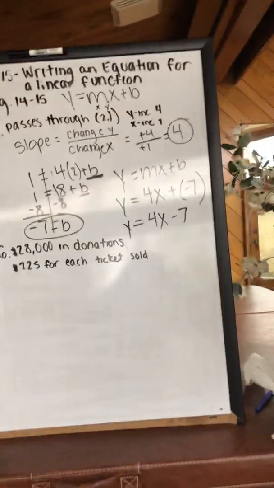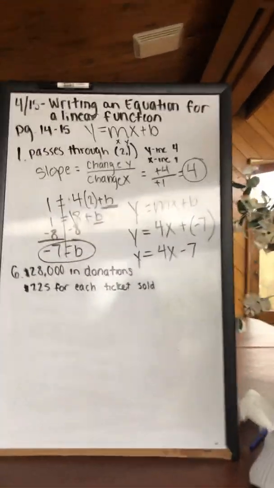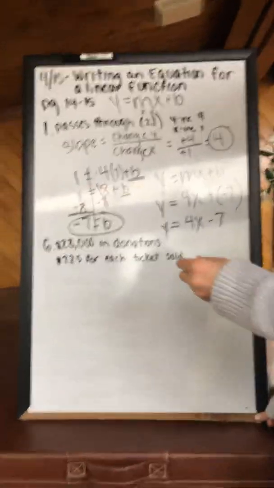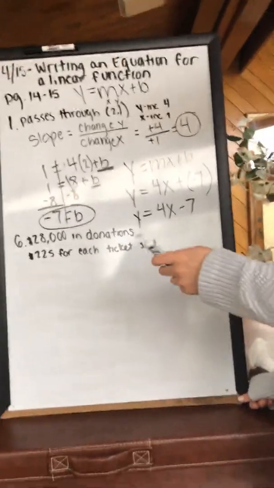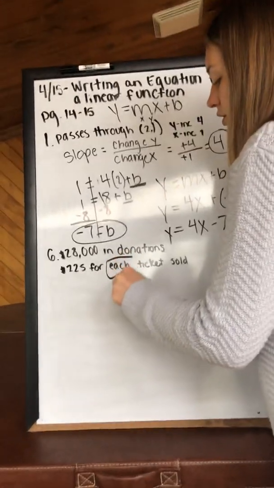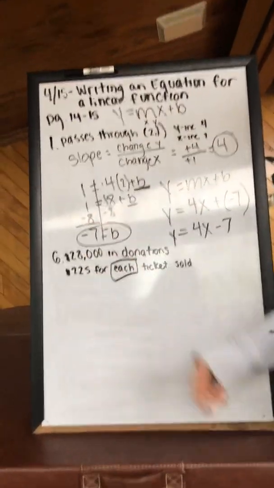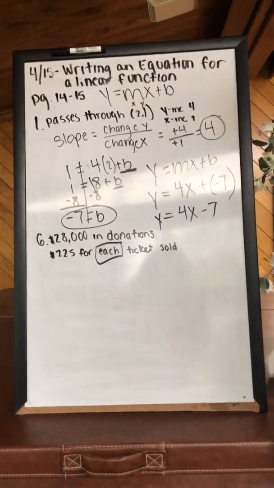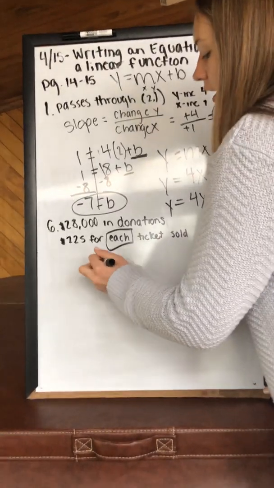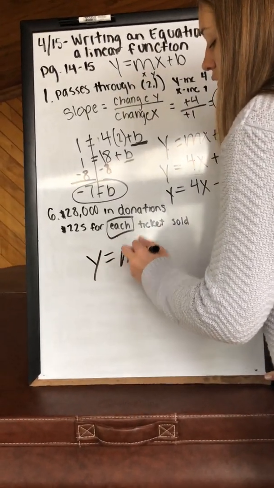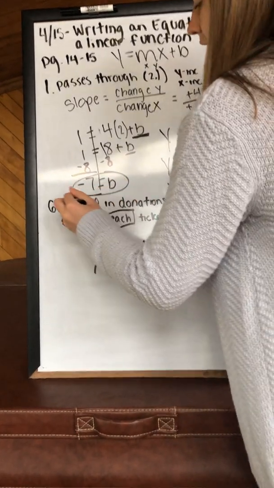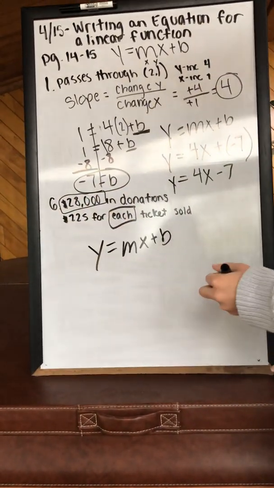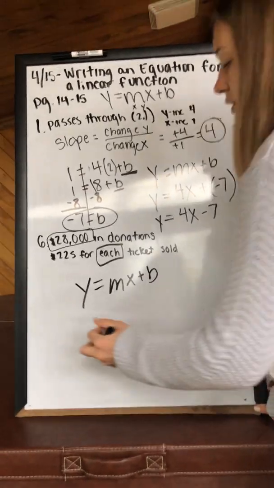Slope or rate of change, there are key words in word problems that we need. So we have $28,000 in donations and $225 for each ticket sold. Each ticket costs $225. That will be your slope. Again, writing the equation in the form y equals mx plus b, $28,000 is going to be your y-intercept.